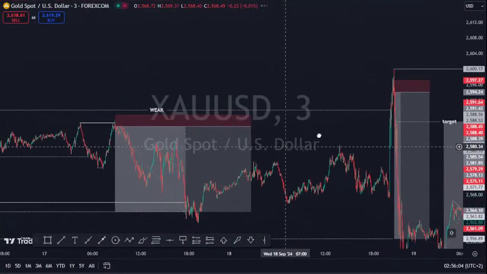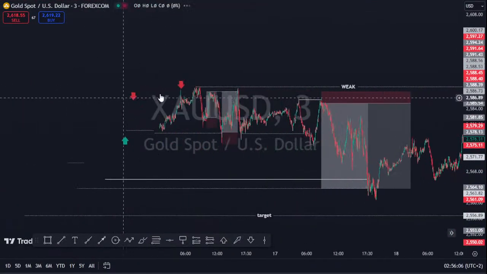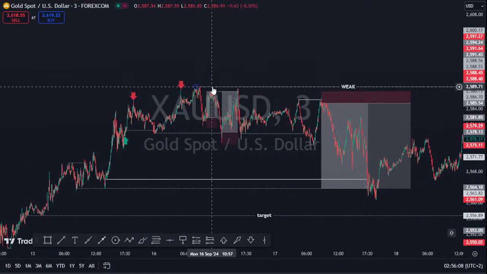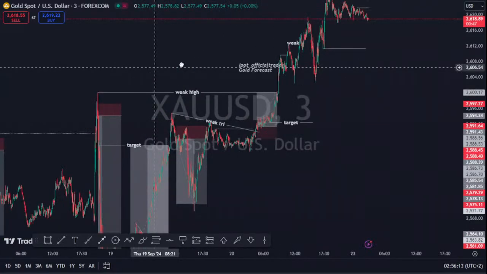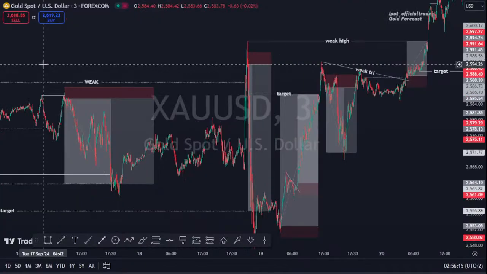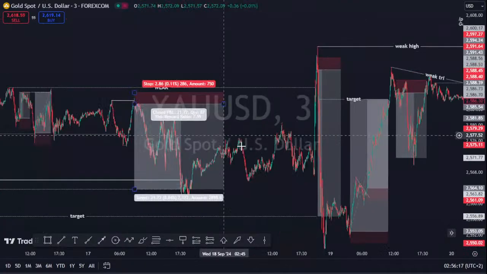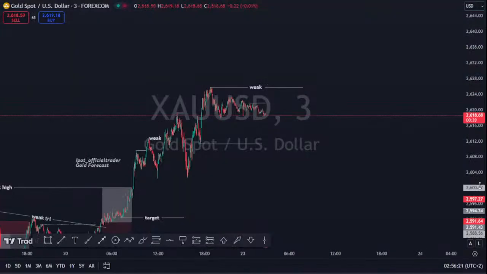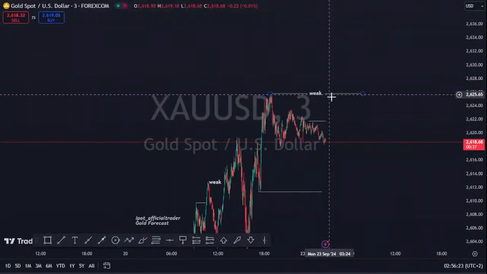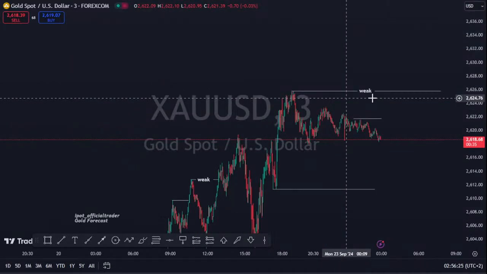If you look at this high as weak, it is exactly similar. Look, this was a weak high I marked out. Same thing applied, price broke above, so same thing will apply here. This is definitely a weak high as well. We're still looking at price breaking above that area, understand?